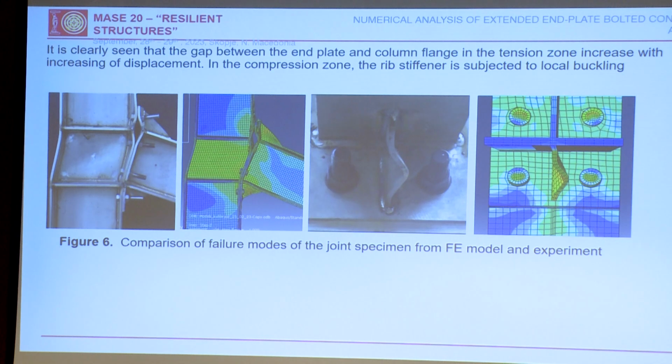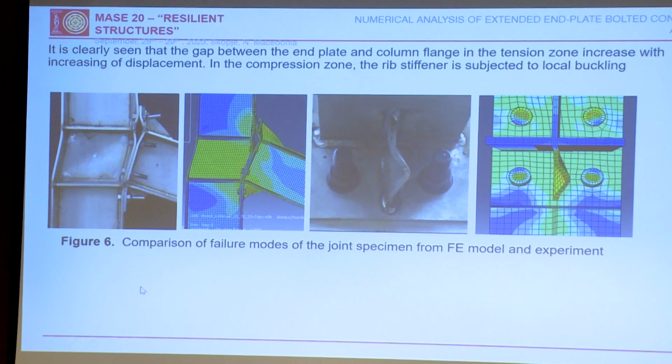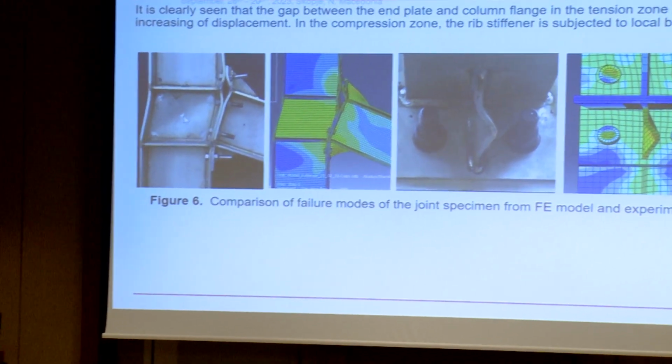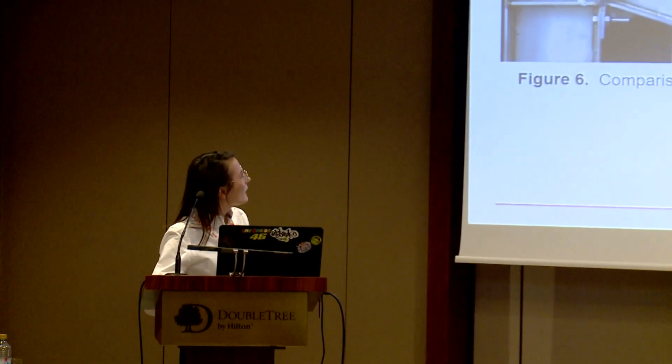As shown in the diagram earlier, the finite element analysis and experimental results are in really good correlation for this joint configuration. The 3 failure modes are also clearly explained in the component method: deformation of the end plate and column flange, shear of the column web, and also the local buckling of the rib stiffeners in the lower part.